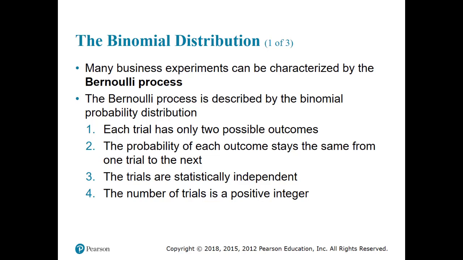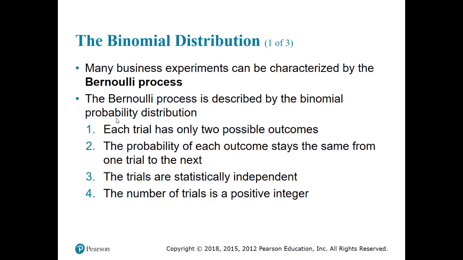Now first, the binomial distribution. In a statistical sense, for an experiment to be a binomial distribution, these conditions must be true, and this is also referred to as a Bernoulli process. Each trial of the experiment should result in only one of two possible outcomes.